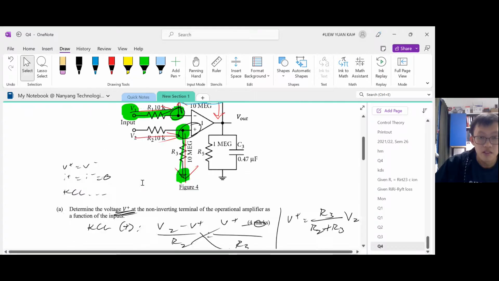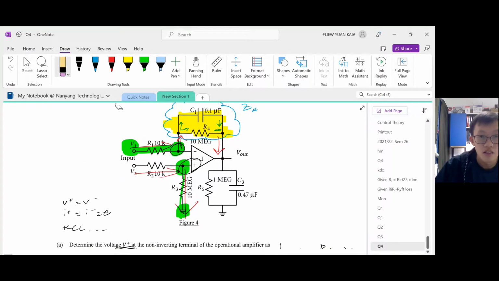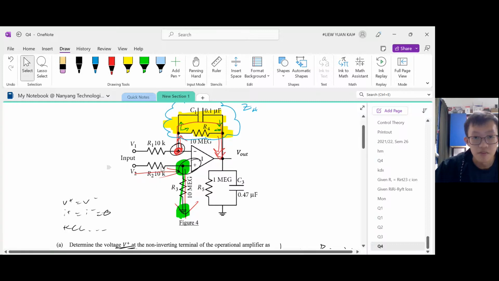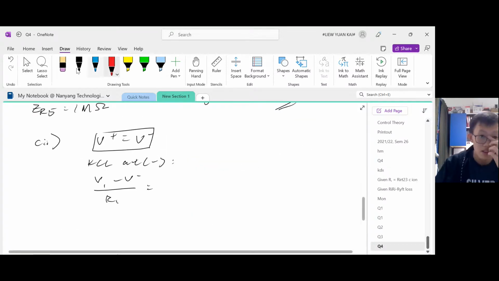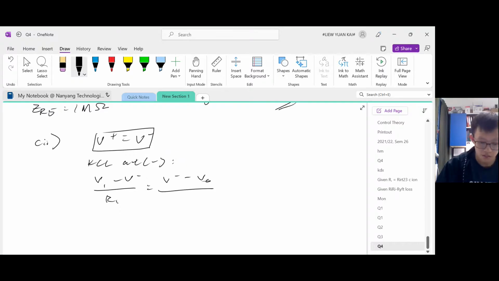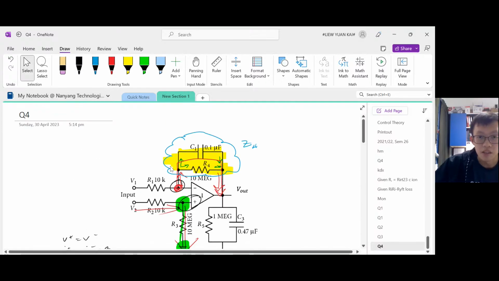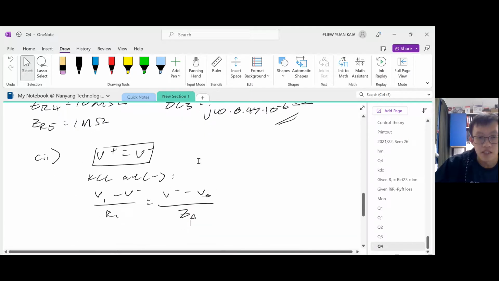Now the current going out starts at V minus and ends at V out, so it is V minus minus V out, divided by ZA, because it passes through this lumped impedance. This is C1 and R4, which I lump up as ZA. So it passes through ZA, that's why I divide by ZA.